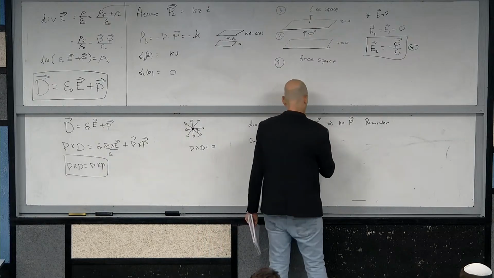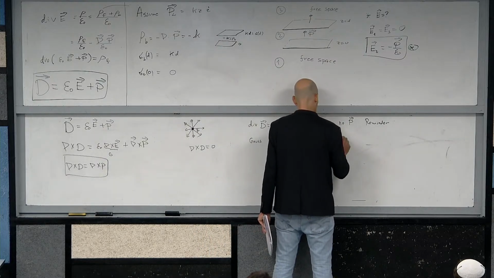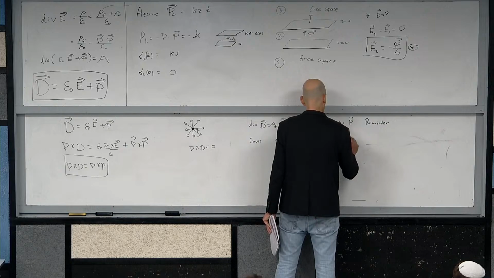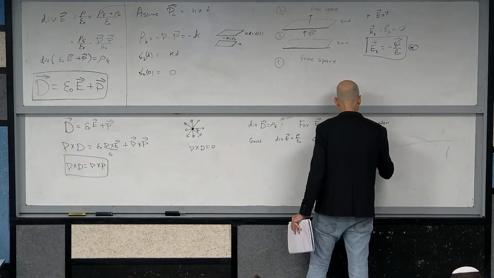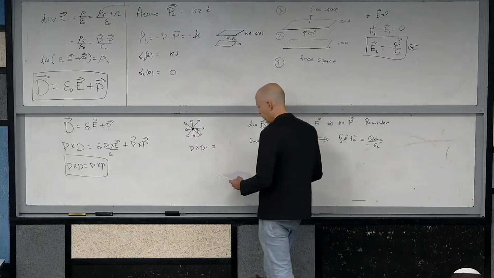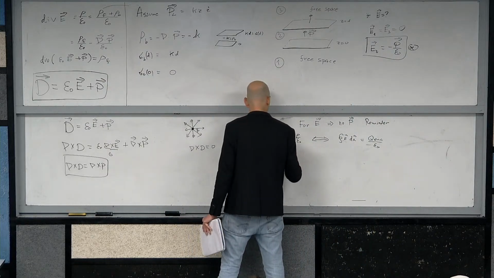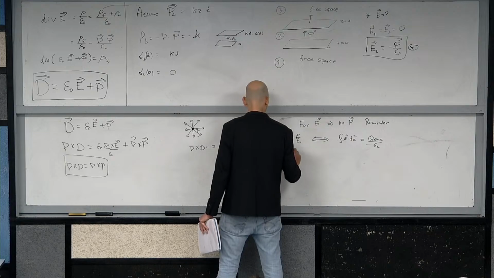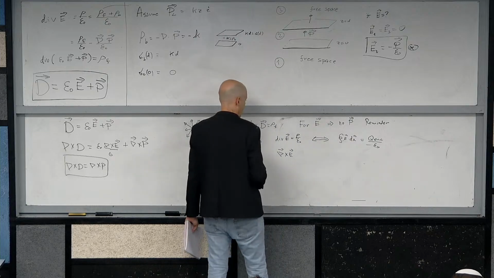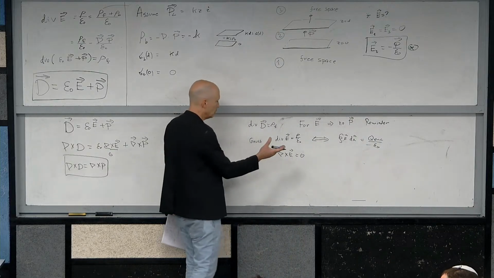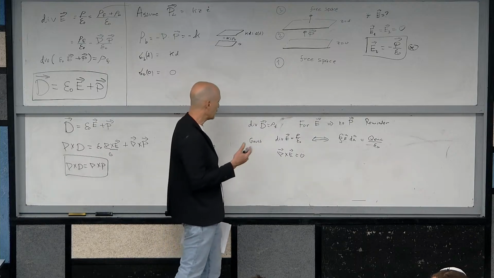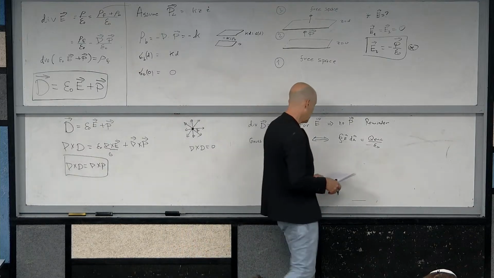From here, we can write this in integral form, right? The integral of E dA is equal to Q enclosed divided by epsilon 0. And then there is this rotor E equal to 0 in electrostatics. So this we can call the potential theorem, that there exists a potential.